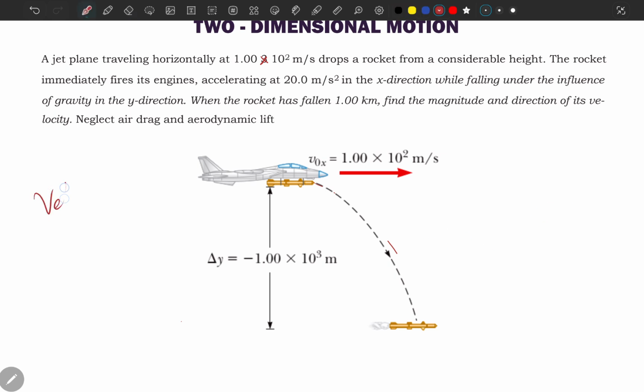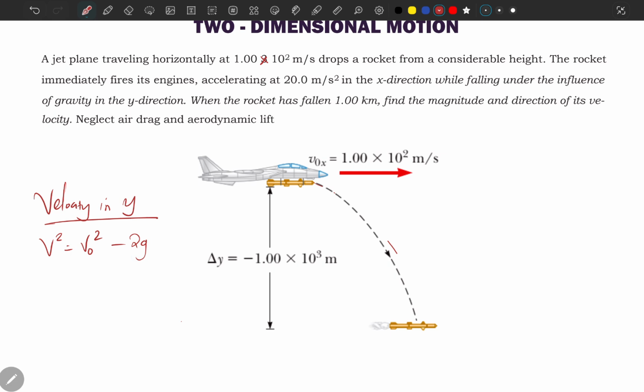So let's first find velocity in the y direction. So which equation of motion are we going to use here? Well, we're going to use v squared is equal to u squared, you can call it v initial, and of course we are going to say minus 2g.